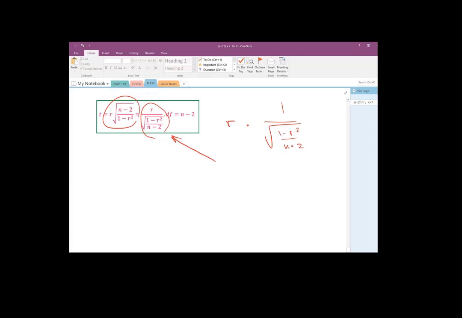This is the reciprocal, if you will. 1 over anything is the reciprocal of that, and this part itself is the same as the square root of n minus 2 over 1 minus r squared.